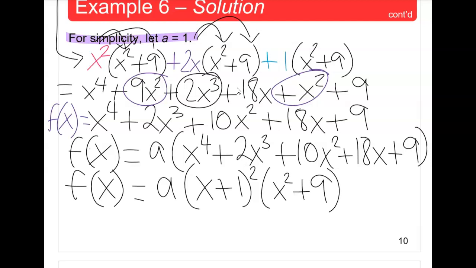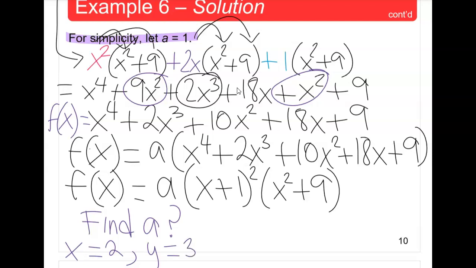So once you have your answer in factor form, and if you have to find a, they might give you an x value. Let's say when x equals 2, y equals 3. Or they might give you something like f of 2 is equal to 3.